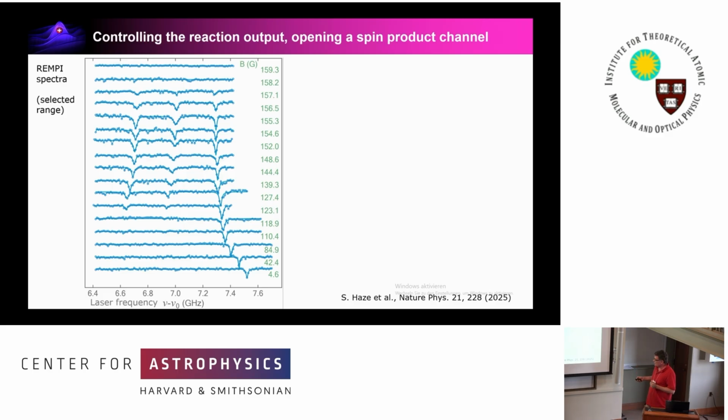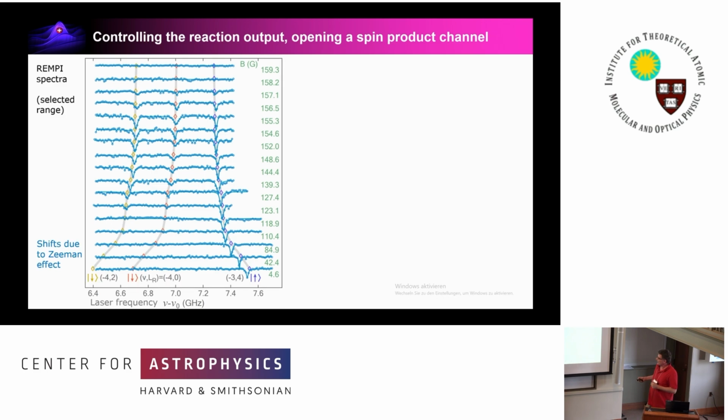But now as we go to 100 or 120 Gauss, you all of a sudden see little signals coming up here, and they grow until we get to this Feshbach resonance at 155. And at that point, they are just as strong as the spin-up state. So you can see that somehow we have a control over producing these final states.